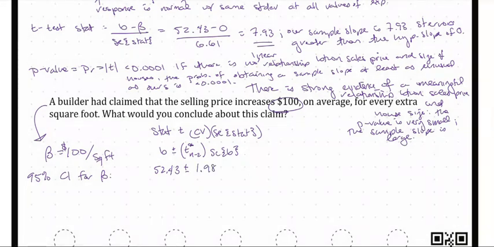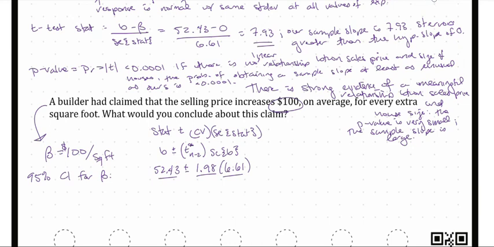The standard error of my slope is the same standard error that I used for my hypothesis test, and that is 6.61. Altogether, I now have my sample statistic, 52.43, my t critical value with n minus 2, or 98 degrees of freedom, which is 1.98, and my standard error, which is 6.61. This 1.98 times 6.61 is my margin of error.